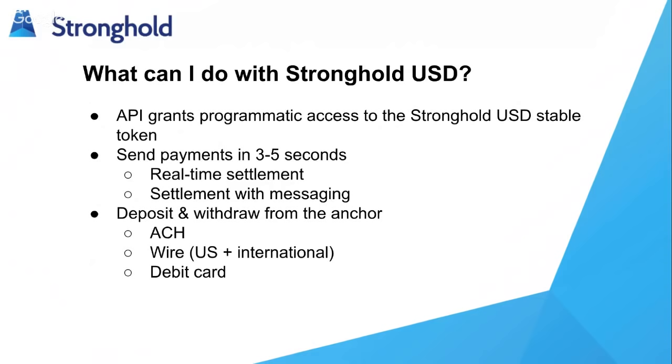And the other important thing is you can deposit and withdraw from the anchor, and this can happen programmatically or manually. Some of the payment methods that we support for this are ACH in the US, so you can have funds deducted from your account and then entered into the Stronghold USD on the blockchain. Wire transfer, US and international, and we're also working on debit card for payouts.